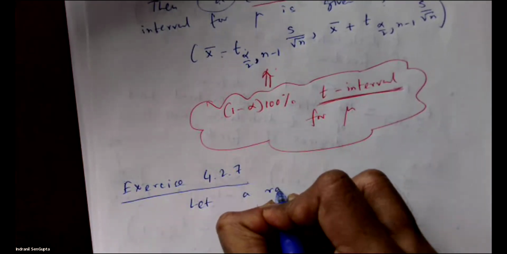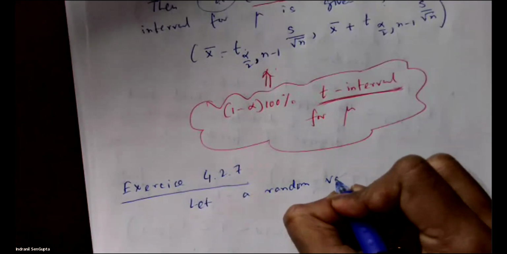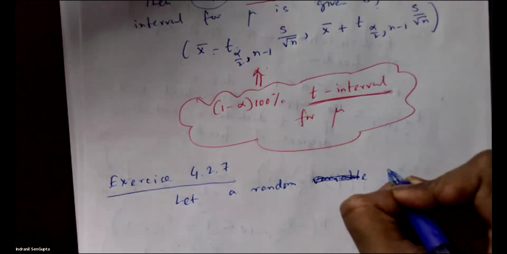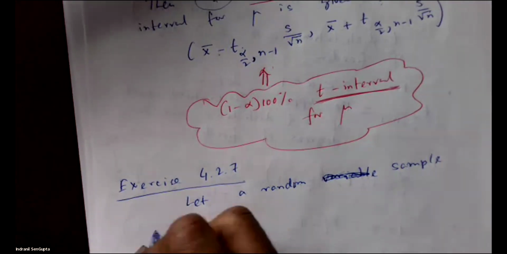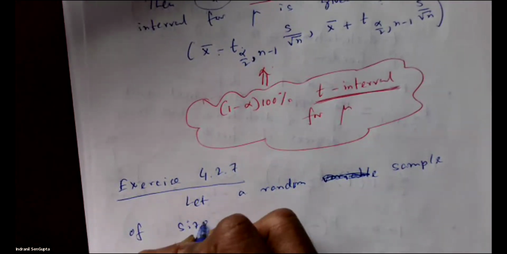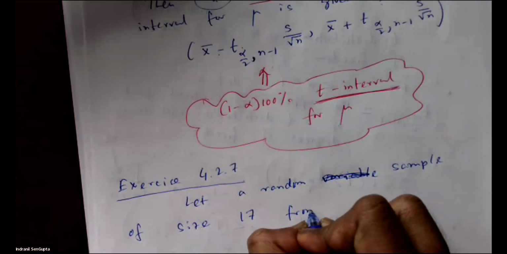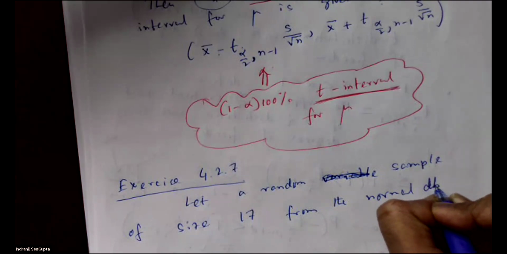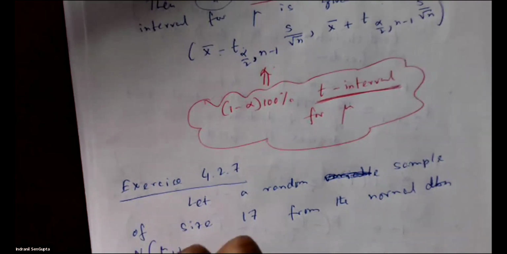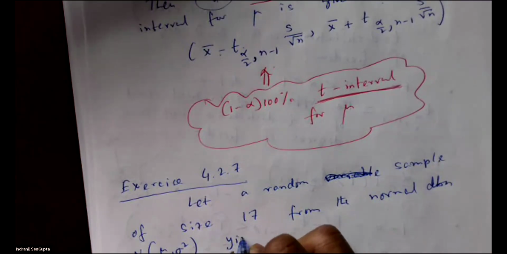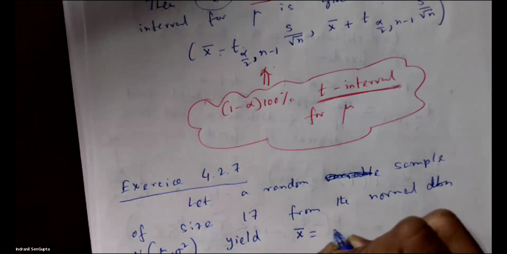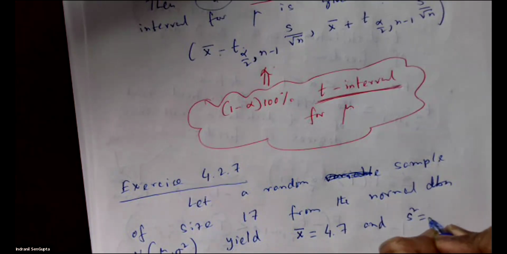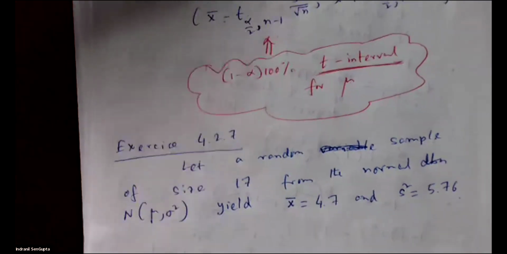Let a random sample of size 17 from the normal distribution N(mu, sigma squared) yield little x bar equals 4.7 and s squared equals 5.76.